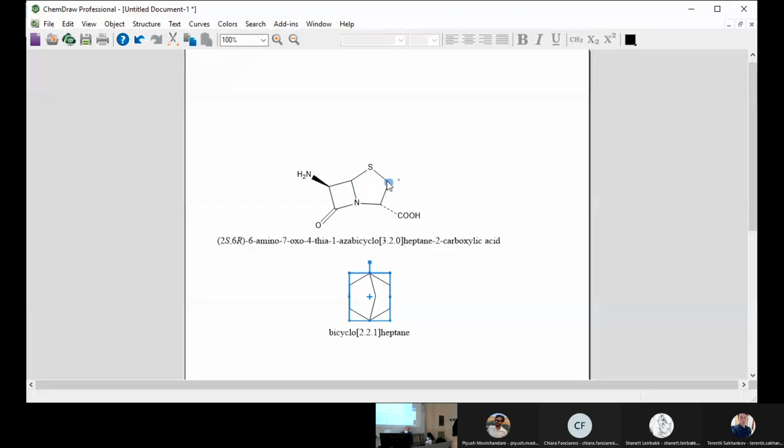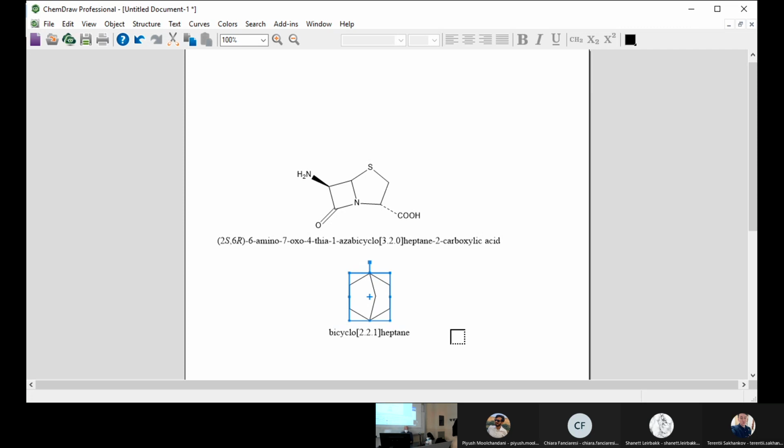In this case, we have 3 atoms on your right, 2 atoms on your left, and 0 atoms between the 2 bridgehead atoms. 3, 2, 0. In the second example, you have 2 on your right, 2 on your left, and 1 in the middle between the 2 bridgehead atoms. 2, 2, 1 heptane.